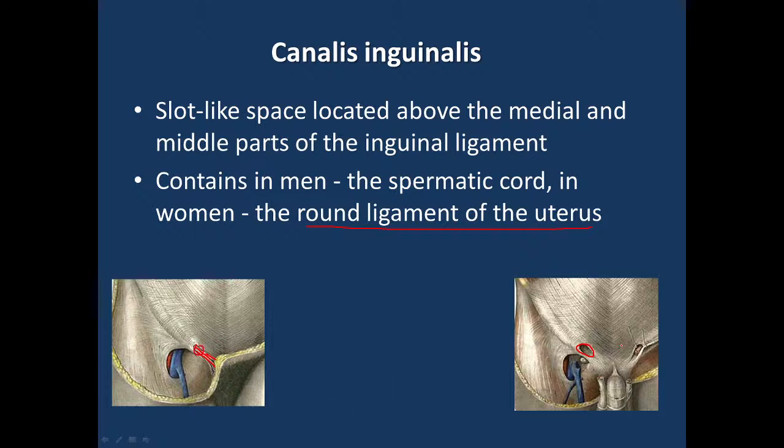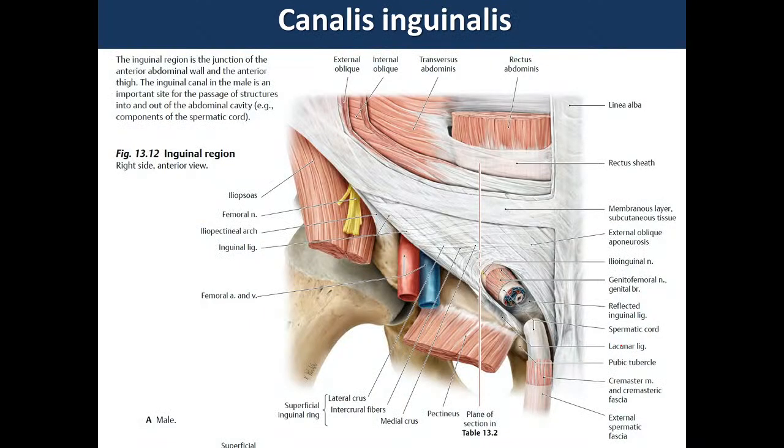Men have a larger canalis inguinalis. When we talk about canalis inguinalis, we take in consideration that this is a weak point of the abdominal wall, and especially for men.